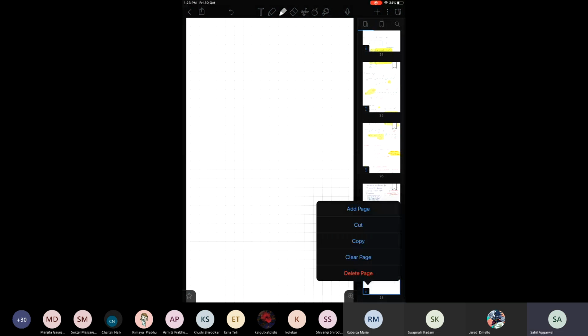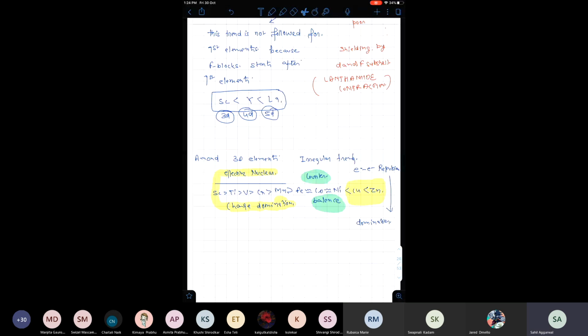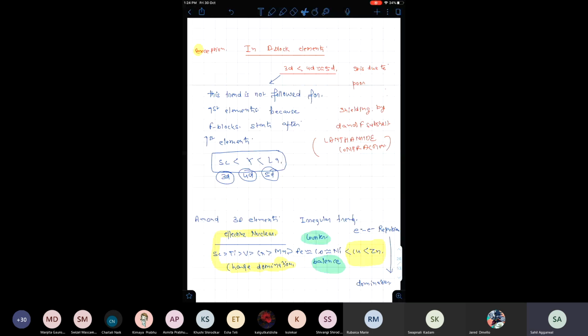Scandium will be bigger. It's something like this. If you remember D block, it was something like this. Understood?